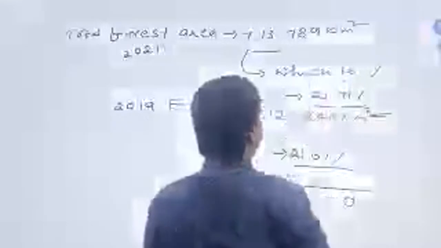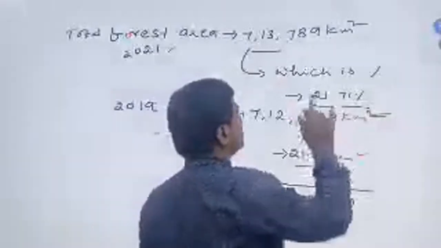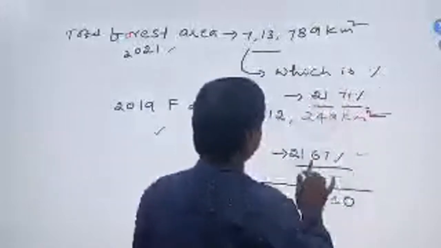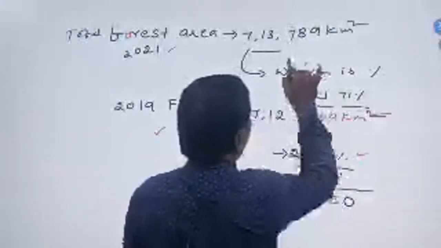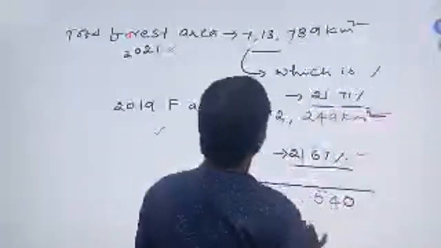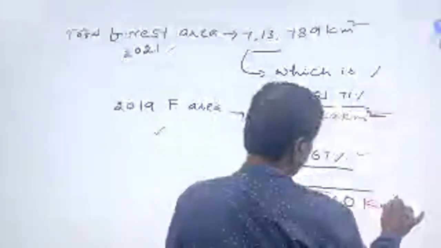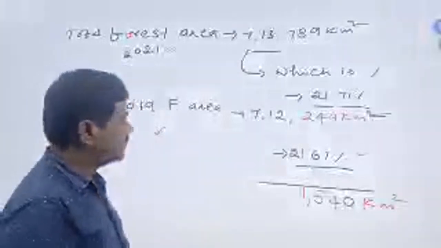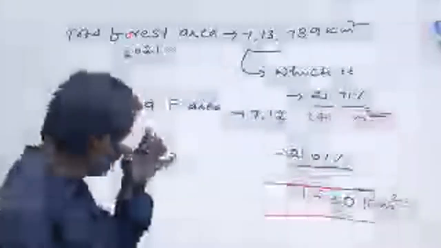So the difference between 2019 and 2021 is that some forest area increased in 2021, about 1,540 square kilometers of forest area increased within the 2 years in India.